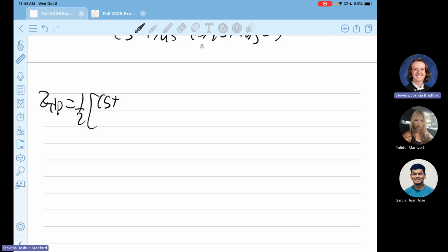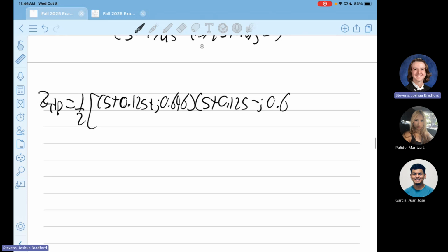And if there's no j, it'll still give you a real number if you put in the cPoly. That is the numerator.